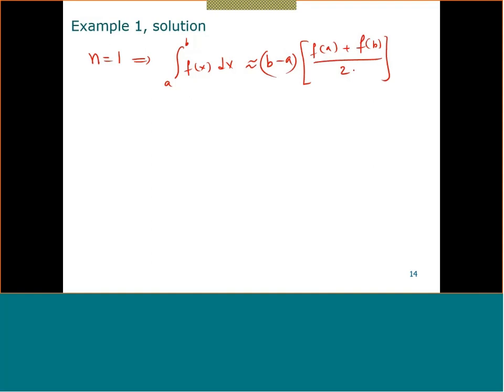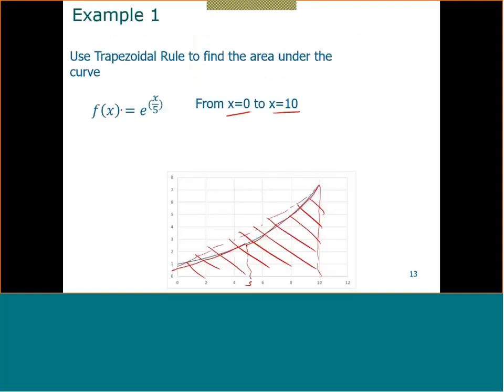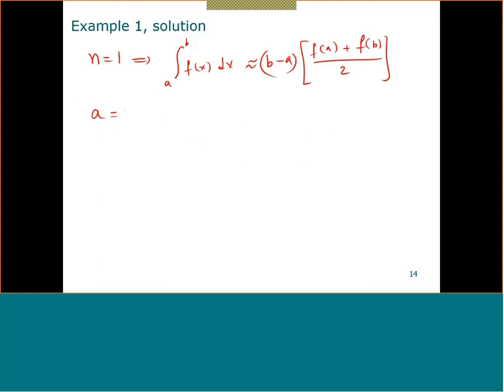Now we want to find the integration from 0 to 10. So a equal to 0, b equal to 10. Now I need to find f of 0, which is e to the power of 0 over 5, which is equal to 1. And f of 10 will equal e to the power of 10 divided by 5, which is equal to 7.39. So this is the f of 0 and f of 10.